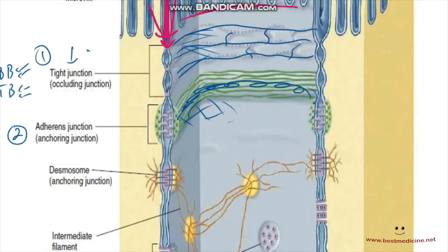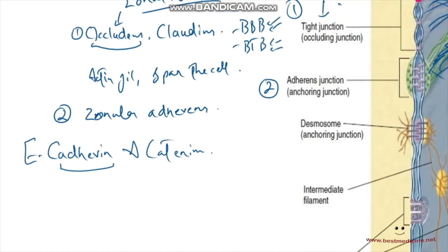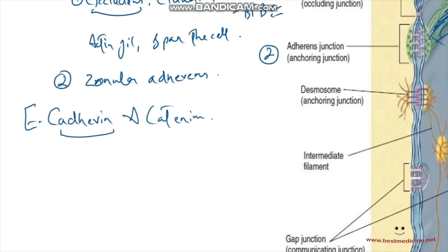So let's quickly write that down before I explain what epithelial to mesenchymal transition is: connected to actin filaments and span the cell.